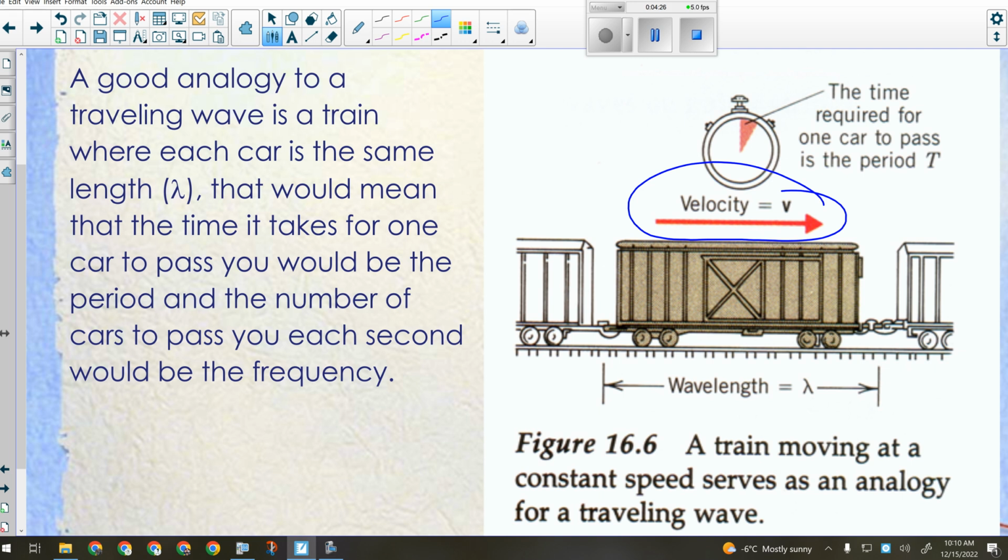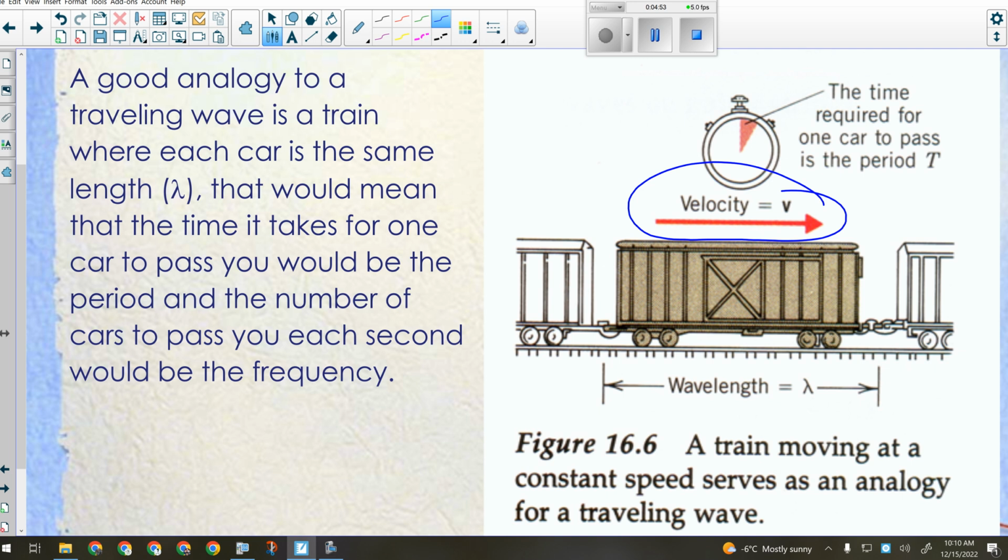The material, the medium that the waves are traveling through. That controls the speed of the waves. If I change any properties of the medium, temperature, depth, density, whatever, I'm going to change the speed at which the waves can travel, and that's going to change other things about them. Everybody okay with that?